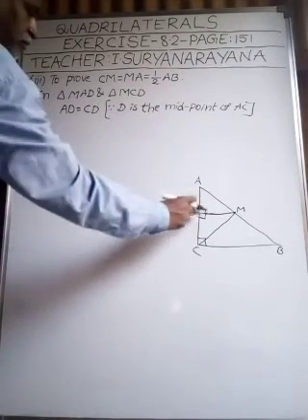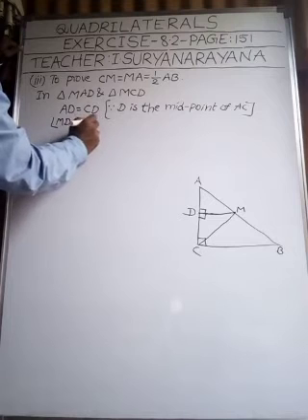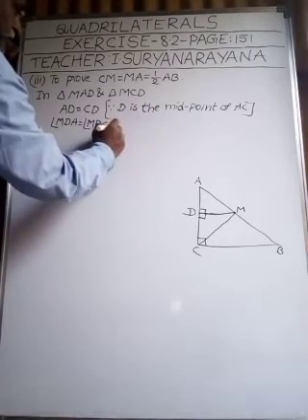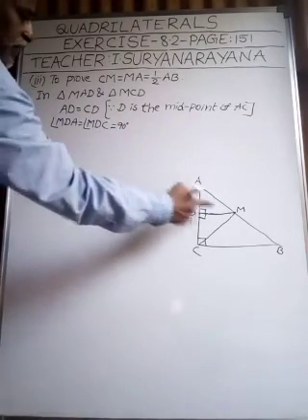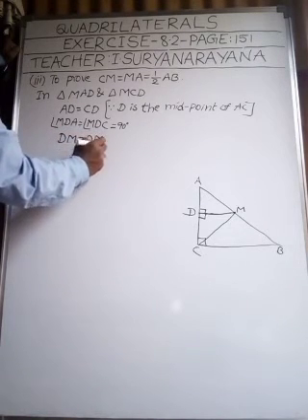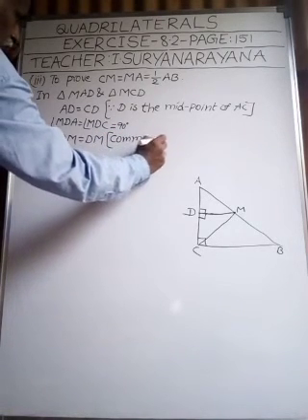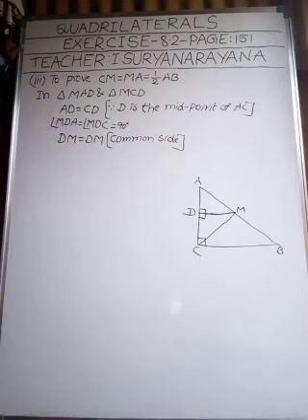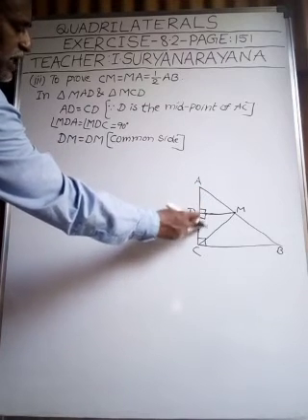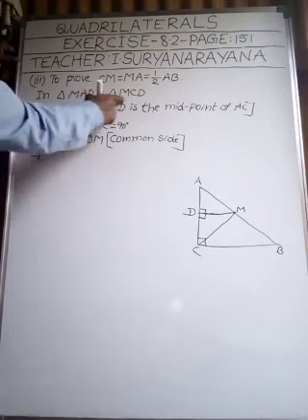Next, angle MDA is equal to angle MDC. Both are 90 degrees. Next, DM is equal to DM. It is a common side. So two sides and the included angle in one triangle are equal to two sides and the included angle in the other triangle.